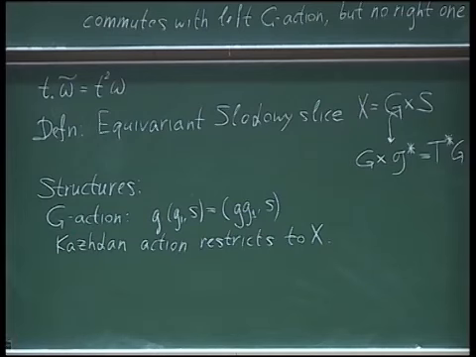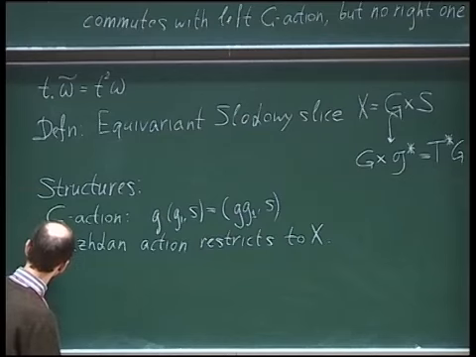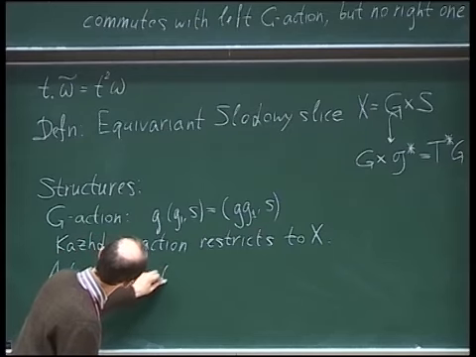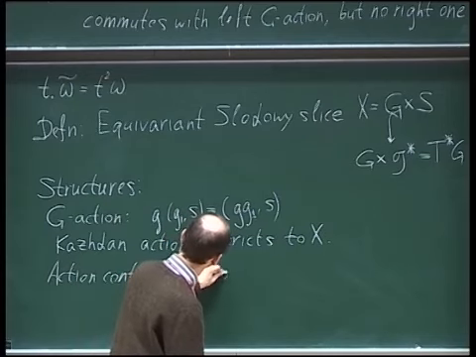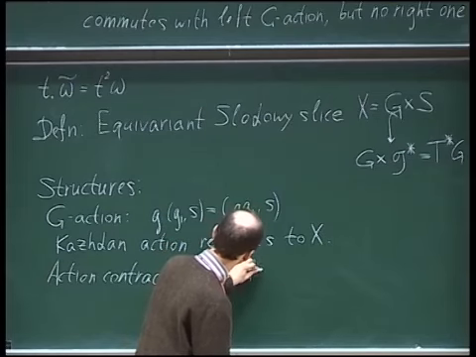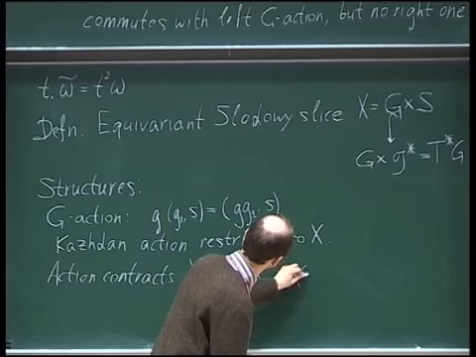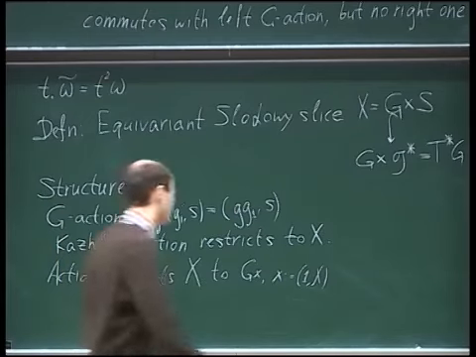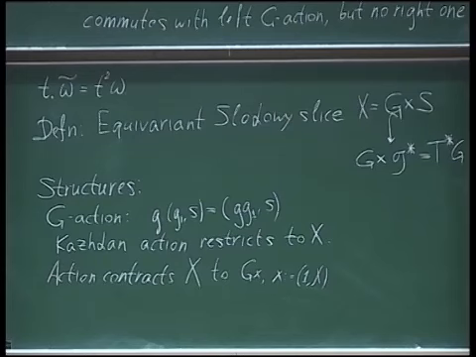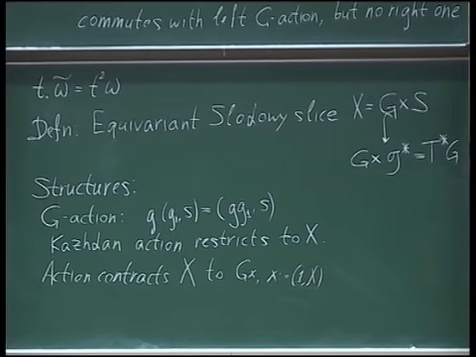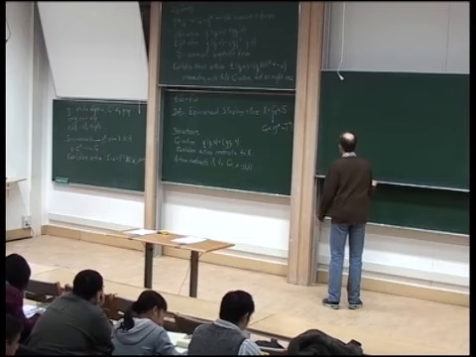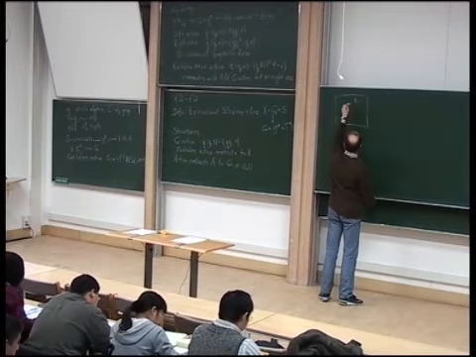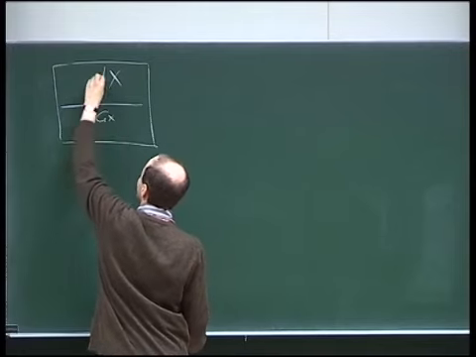But still, sort of this claim is true. This action contracts X to the orbit Gx, where x is (1, chi). And so contracts here means something. Let me draw a picture. So somehow if this is my X and this is Gx, then the contraction is something like this.